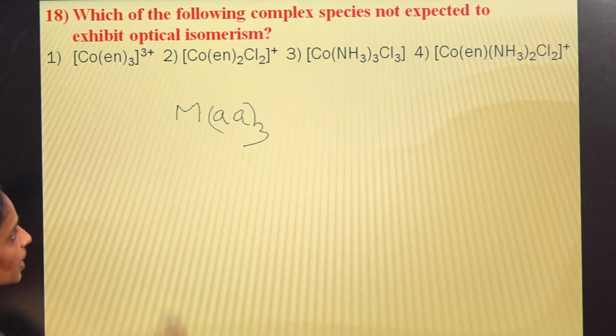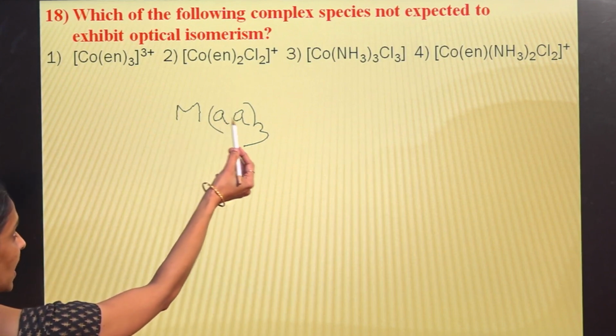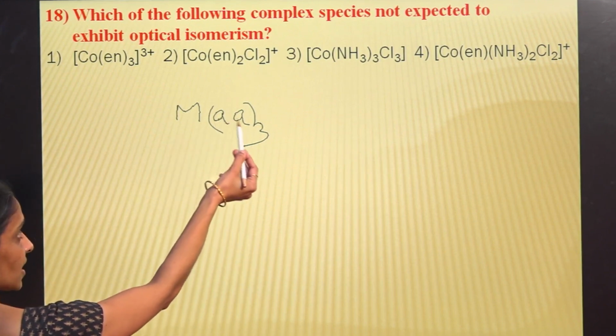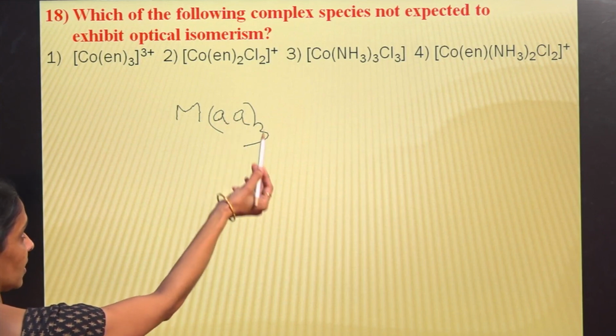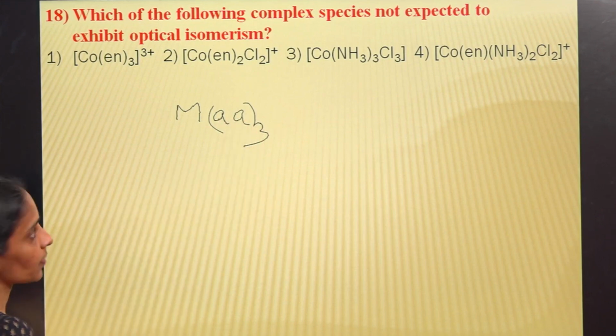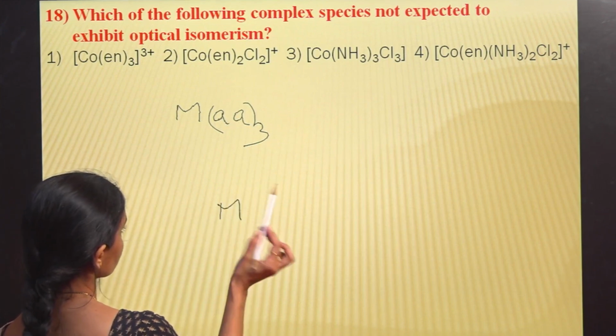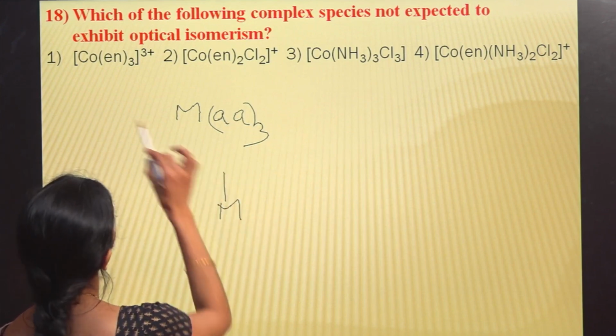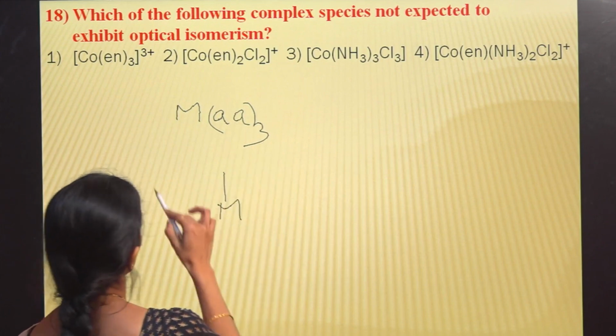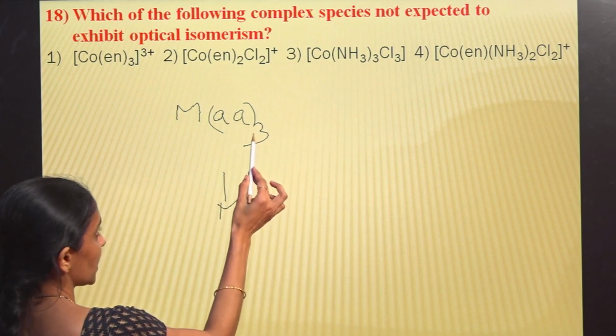Bidentate ligand na bariyuva krama hige. We write it as AA. Illi eradu ligands ide anta artha alla. It's a bidentate ligand. Antadu 3 ide. Okay, now if you write its structure, this is an octahedral complex, is it not?